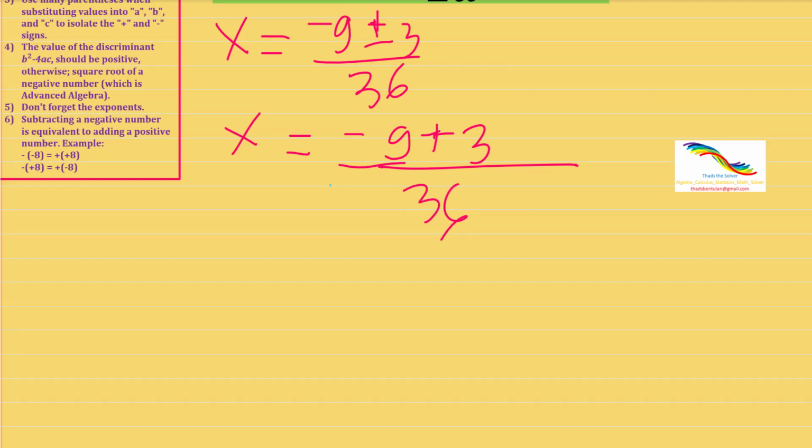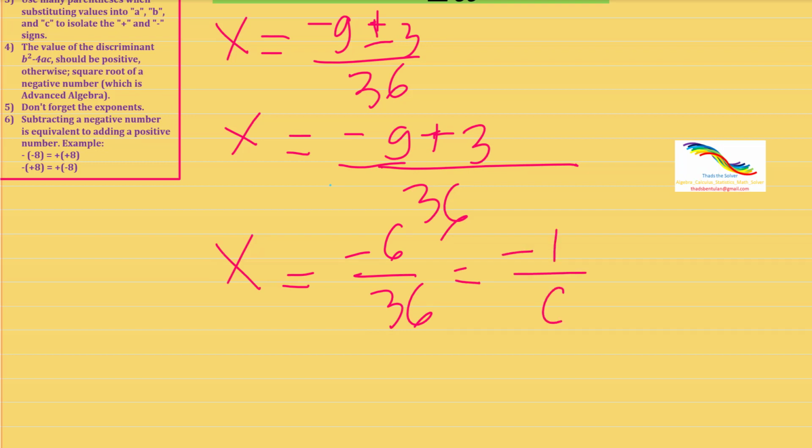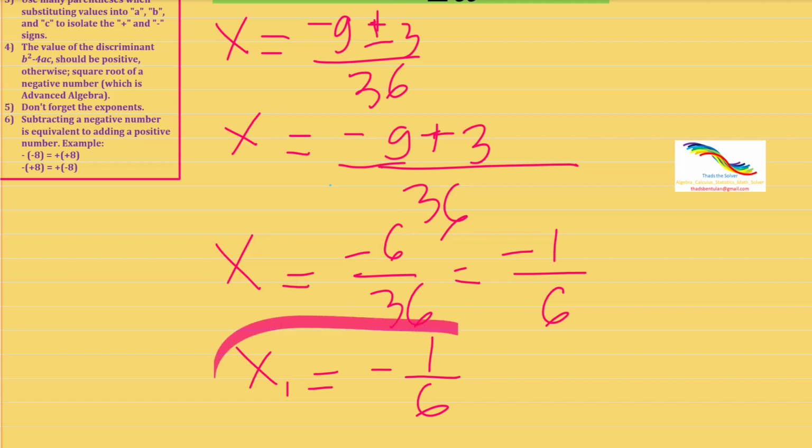So let's factor this. x equals minus 9 plus 3, that is minus 6 over 36, that is minus 1 over 6. So x1, the first root, is minus 1 over 6, and that is our first solution there. That's our first zero, that's our first root, that's our first solution.